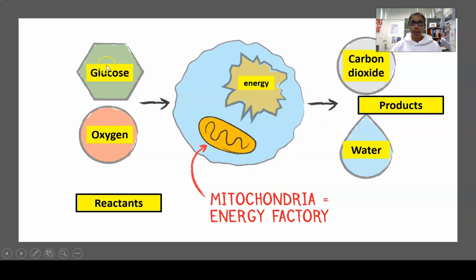So here we have glucose and oxygen are reacting together, that's what the arrow's meaning, and that happens inside the mitochondria to produce three things: energy for the cell to do stuff, and our waste products, carbon dioxide gas and water vapor.